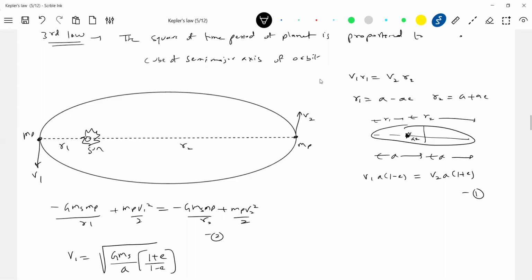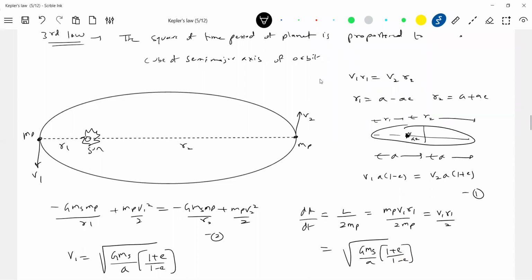Solving this, what is the areal velocity of a planet? How do we define it? dA by dt should be equal to angular momentum by 2 times the mass of planet. What is the angular momentum? Mass of planet times V1 R1, by 2 times M_P. So this will be V1 R1 by 2. What is V1? V1 from here, the square root of G M_S by A times (1 plus e) by (1 minus e), equal to 1 by 2.